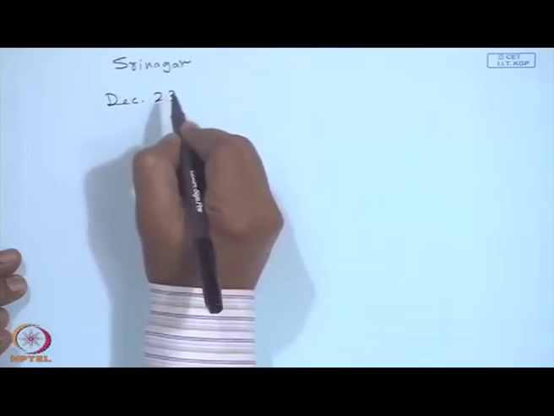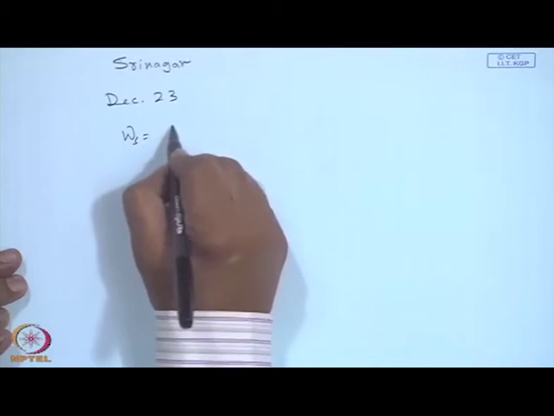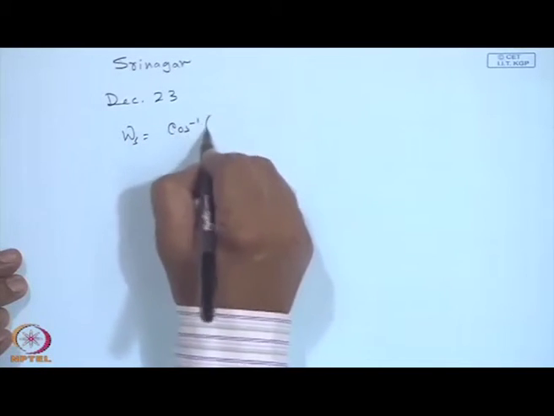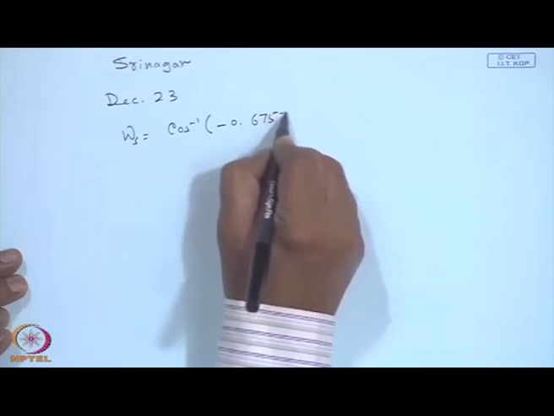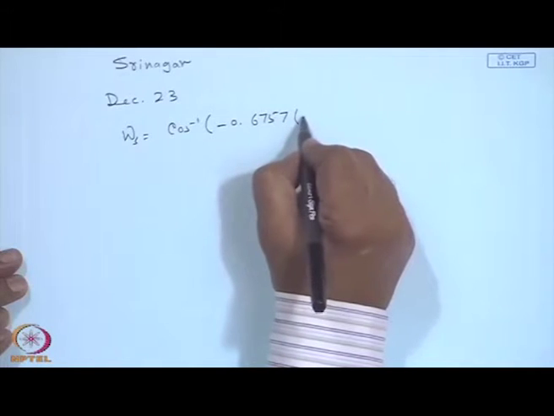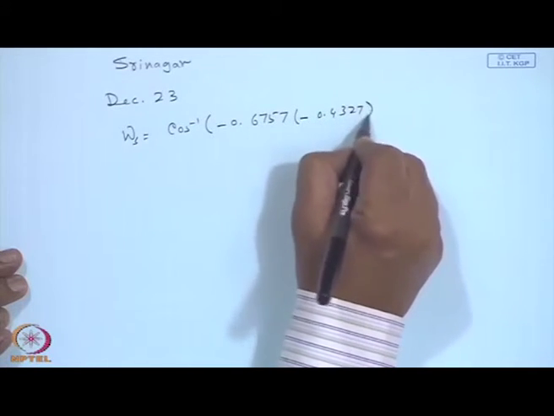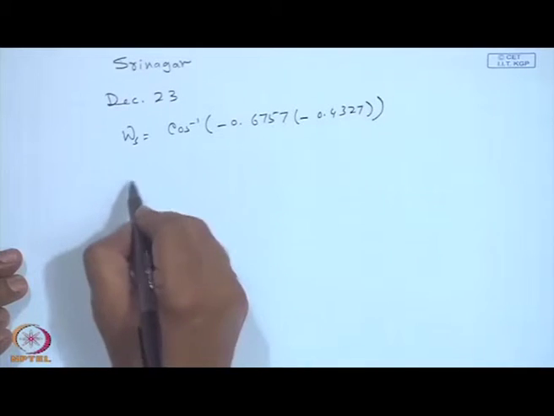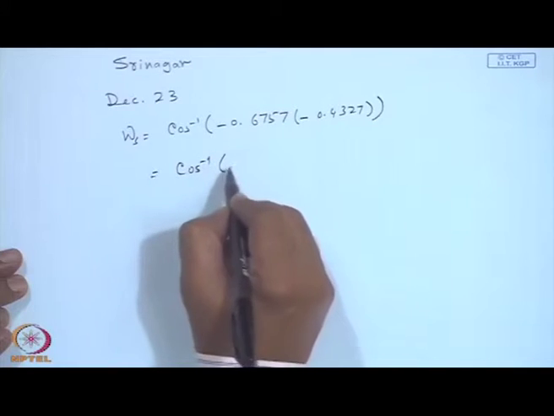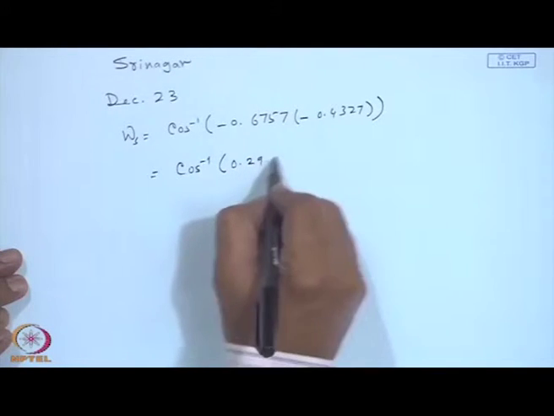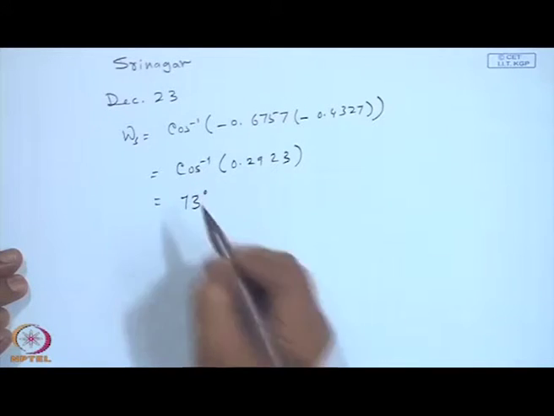So, for Srinagar, first we shall do the calculations. December 23, omega s is cos inverse of minus tan phi, which is 0.6757, and tan delta, 0.4327, and this is cos inverse of minus 0.2923, which is 73 degrees.